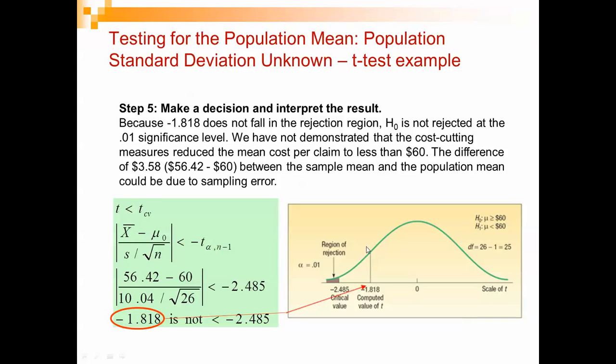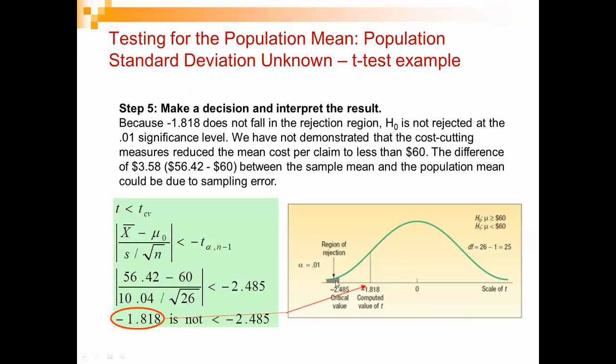So when we calculated our t sample statistic using our t formula, remember, the t critical is over here, and that's what we calculate based on our significance level from the back of our book. We calculate our t sample statistic, and we get a negative 1.818, and that puts us right in here. And this is the do not reject region.